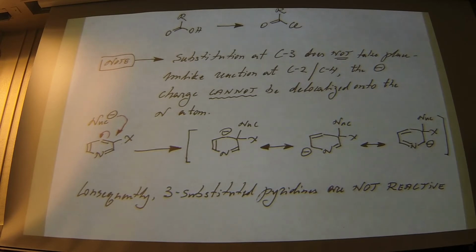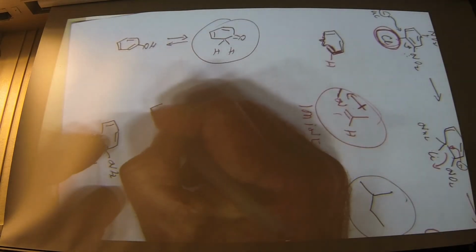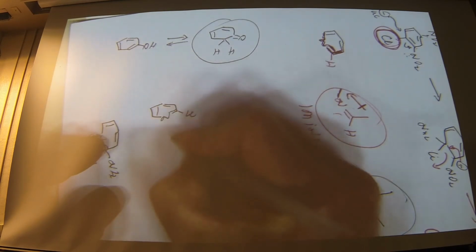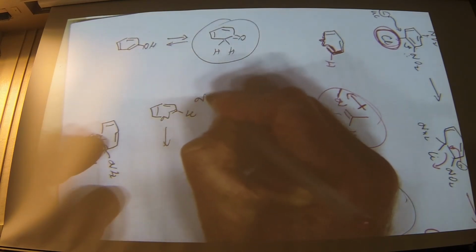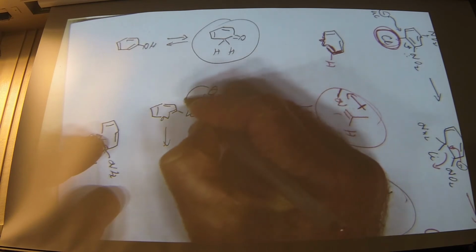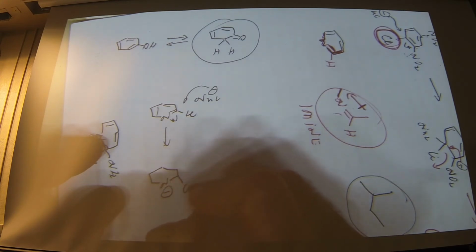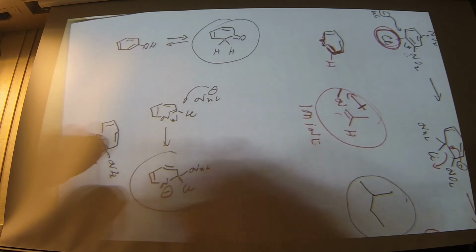So when you do nucleophilic aromatic substitution at C2, the nucleophile adds here, and then the negative charge is on the electronegative nitrogen atom. And so you end up generating right away a very stable intermediate, this one.